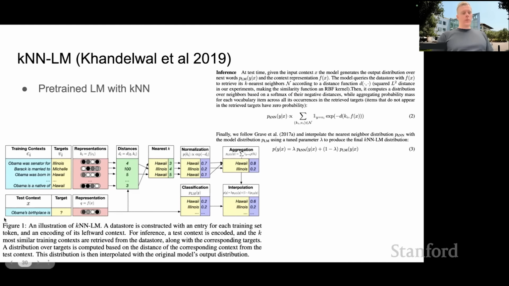So basically you have some sort of prompt, like Obama's birthplace is, you go to your big corpus, you find similar things. You look at the words that come next to the similar things. You rank that, you sample your top K, you renormalize that. So now you have a bunch of scores, and now you can just interpolate between your retrieved non-parametric memory scores and your parametric language model scores.